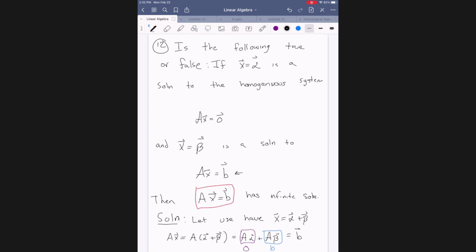How can I modify it slightly to maybe get another one? What if I multiplied alpha by some number, for example 2? Would I still get the same result?